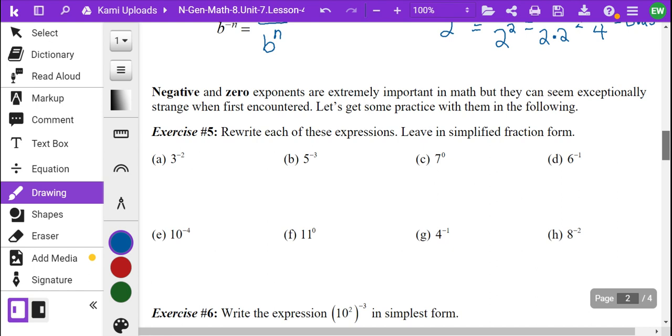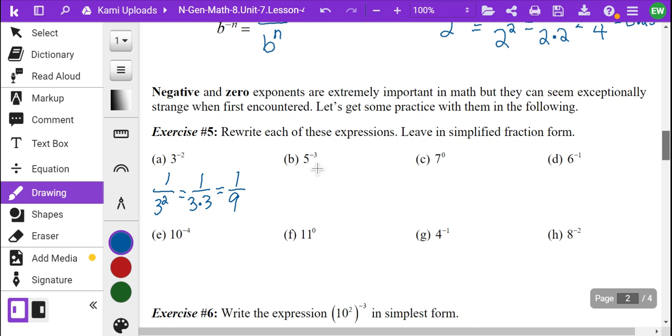So let's do 1 together. 1 over 3 squared is equal to 1 over 3 times 3, which is equal to 1 over 9. Okay. We want to leave these as fractions because we don't want to put these in the calculator. The calculator is going to give us decimals.